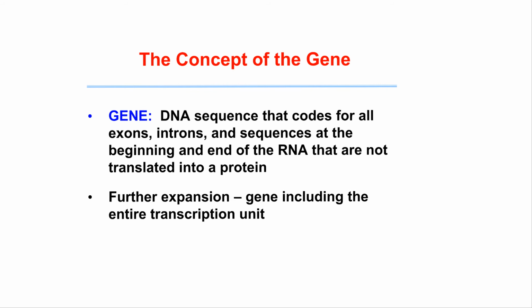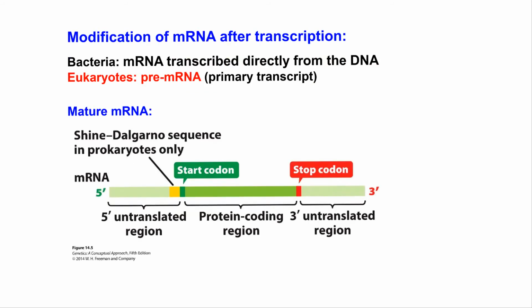Now, some geneticists went even further and proposed that we define a gene as the entire transcription unit. You remember we discussed the transcription unit in a previous chapter. So now when we discuss what a gene is, we know that genes encode for polypeptides, and one gene includes all exons, introns, and 5' and 3' UTR.